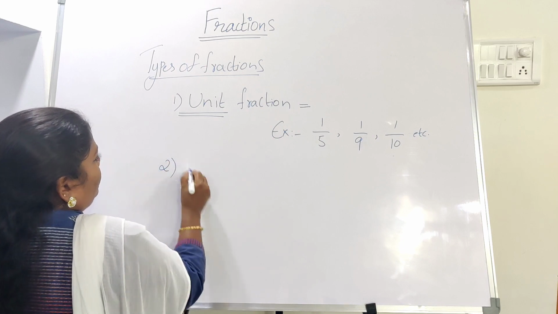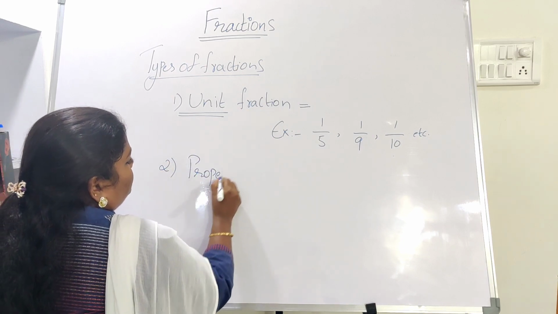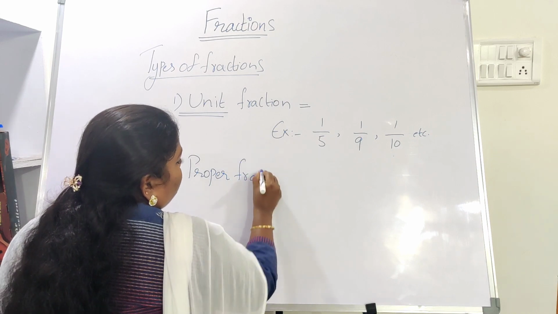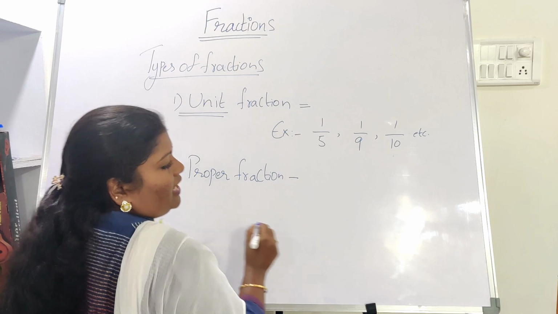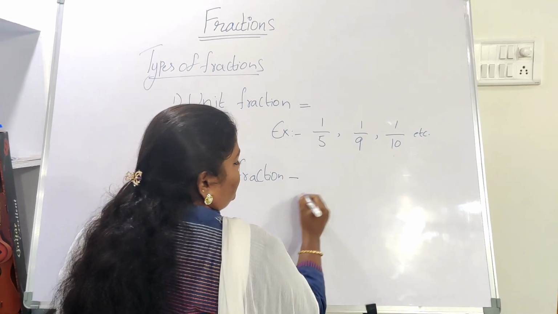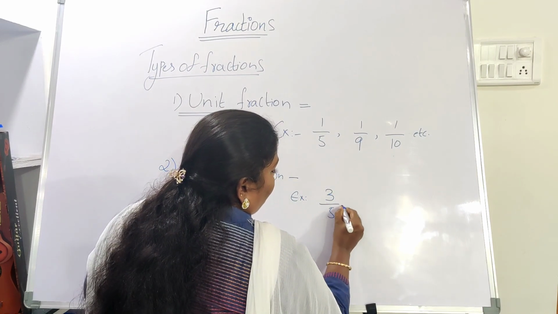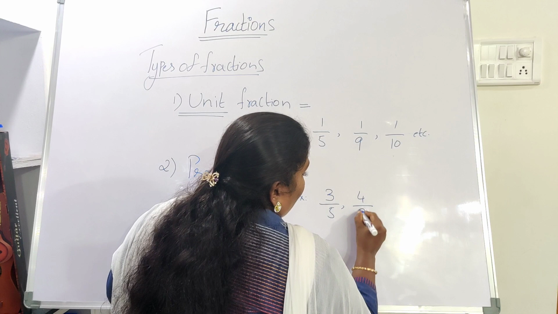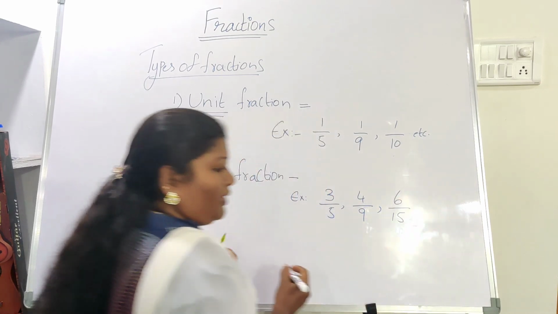Next, proper fraction. A proper fraction is nothing but a fraction having a numerator smaller than the denominator. For example, 3 by 5, 4 by 9, 6 by 15. Let me explain.